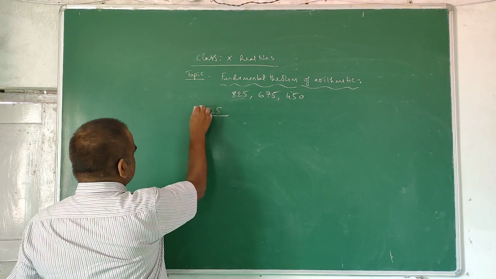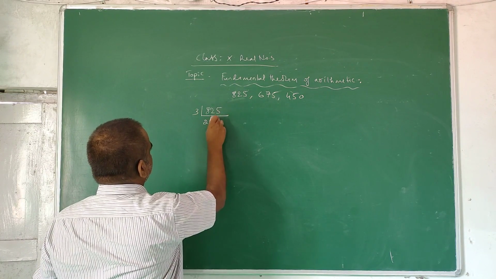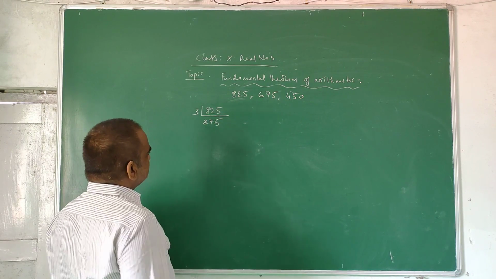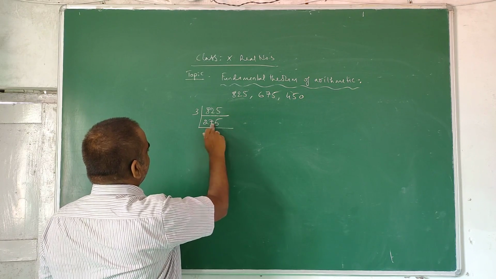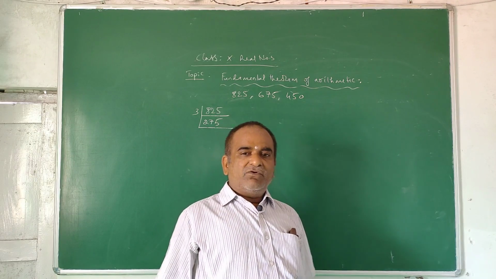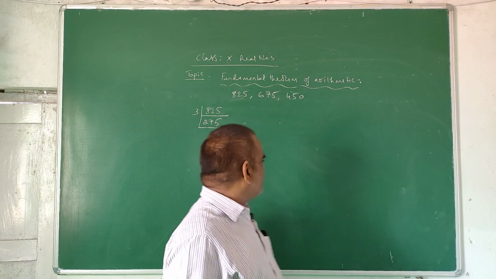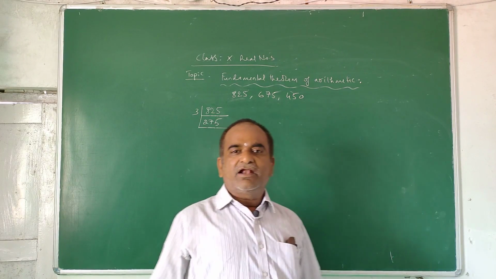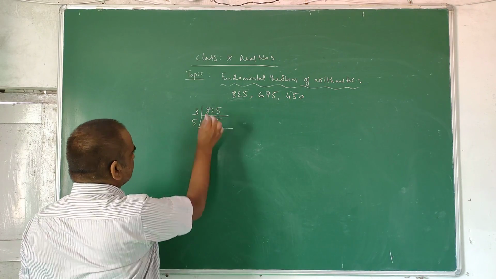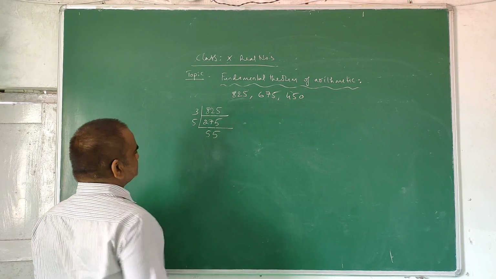So 3. 3 2s are 6, so 2, 3 sevens are 21, 3 fives are 15. Next 7 plus 5 12, 12 plus 2 14. 14 will not go by 3, so it won't go. Overall 275 cannot be divided by 3. So now the next option is 5. 5 fives are 25, 5 fives are 25.